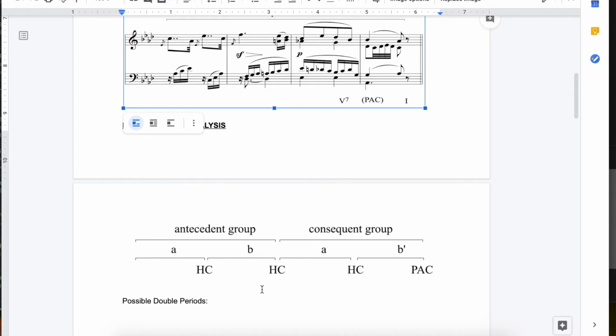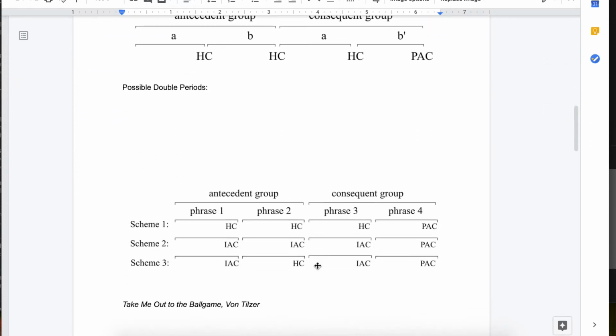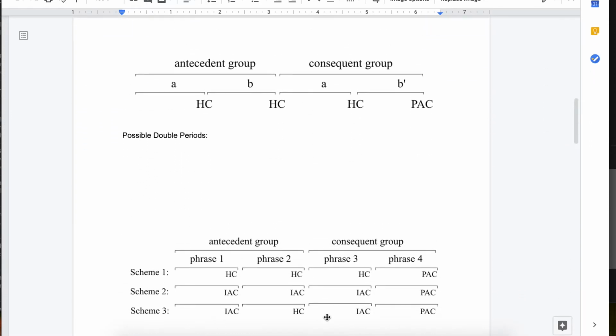We would call this a parallel double period because the antecedent group starts with A and the consequent group starts with A, or A prime. If the consequent group started with B, it would be a contrasting double period, using the same terminology from Monday's class.